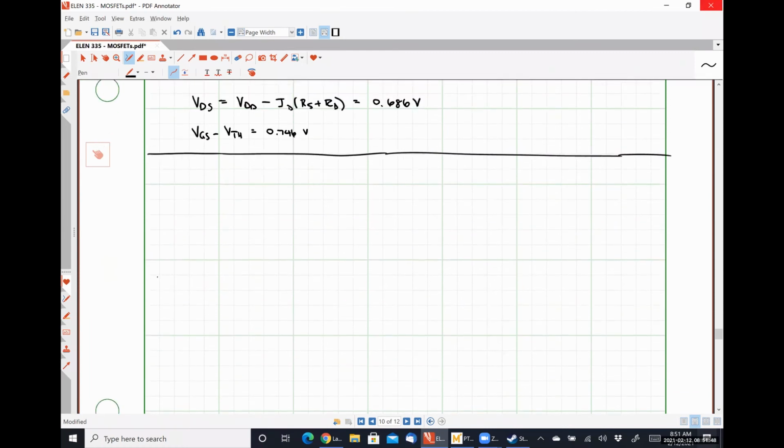So in the triode region, we find that VGS is equal to VDD times R2 over R1 plus R2 minus mu n Cox W over L times VGS minus VTH times VDS minus 1/2 VDS squared, all of this times RS.